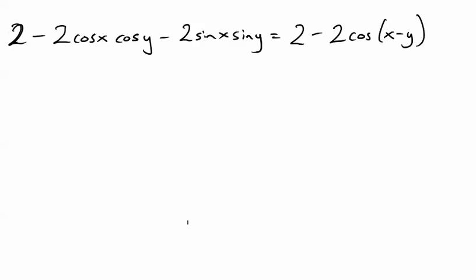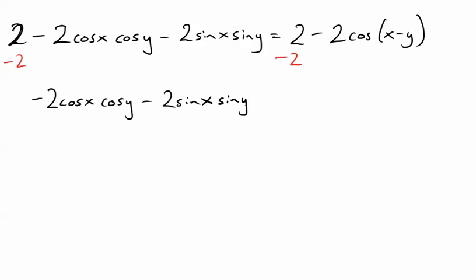So I can subtract 2 from both sides, which leaves me with negative 2 cos x cos y minus 2 sine x sine y equals negative 2 cos(x−y). Now I can take every single term and divide them all by negative 2.